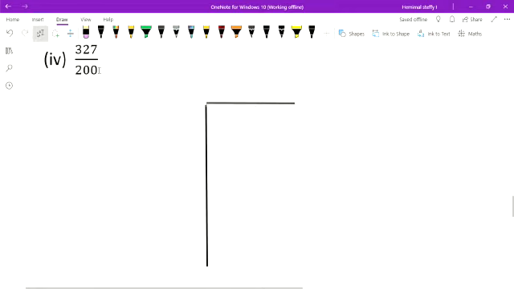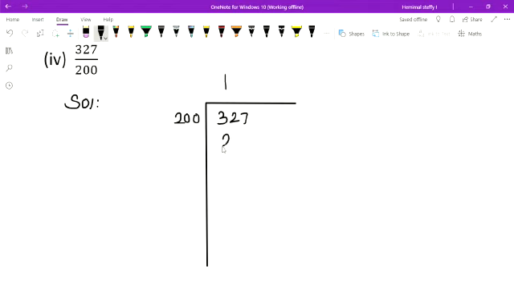Okay, then I'm going to the solution now. Solution here. So I'm taking the dividend 327 and the divisor 200. So how many times does 200 come in 327? 1 time only. So 1 two hundred is 200.